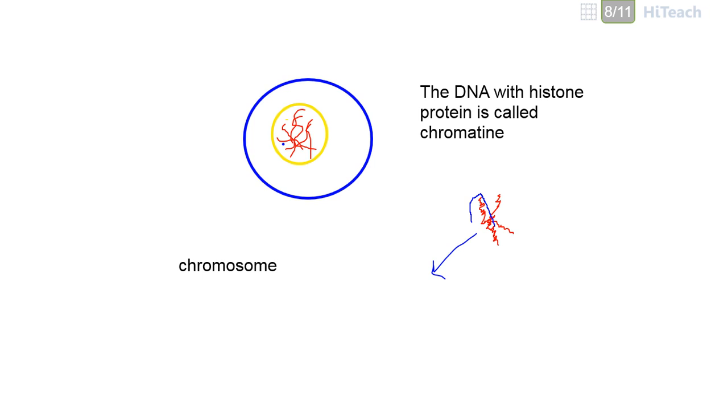It was like this, then it makes another copy, and they are connected together in the middle. I'm going to use a green color to show the middle. They are connected at this point. This one is called what? Centromere.